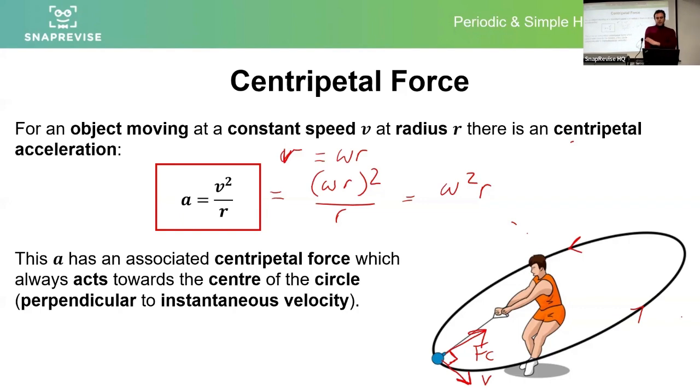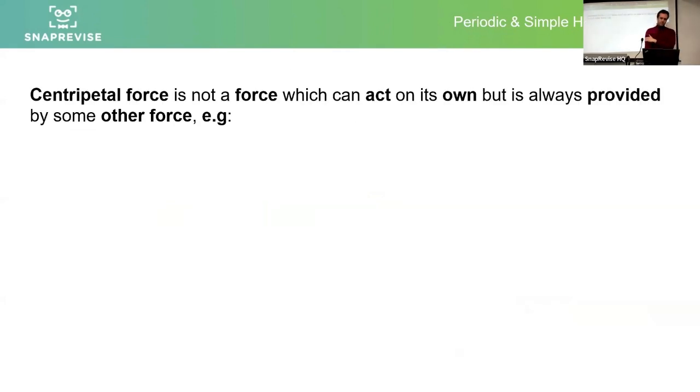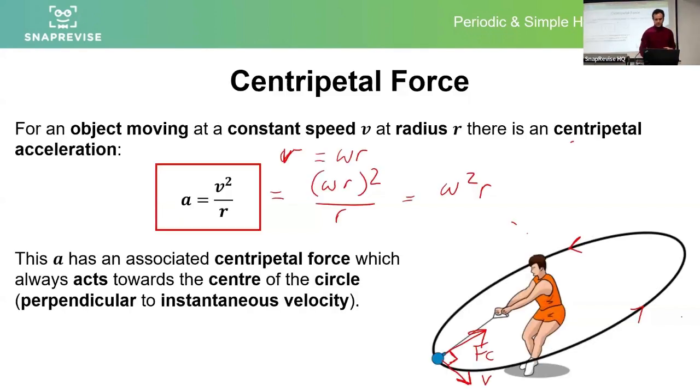Which has the curious result that the centripetal force isn't actually doing any work. I forget whether we cover that later on, but work done is only equal to the force times the distance moved in the direction of that force. Yes, the object's moving, but it's moving always perpendicular to the force.